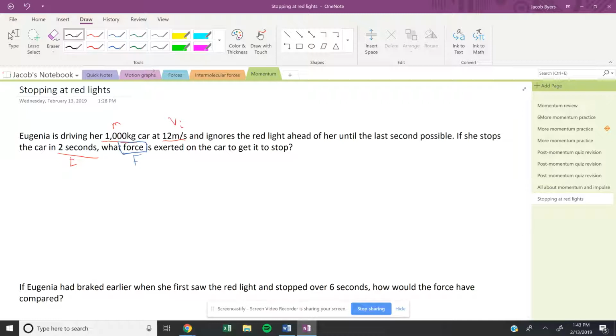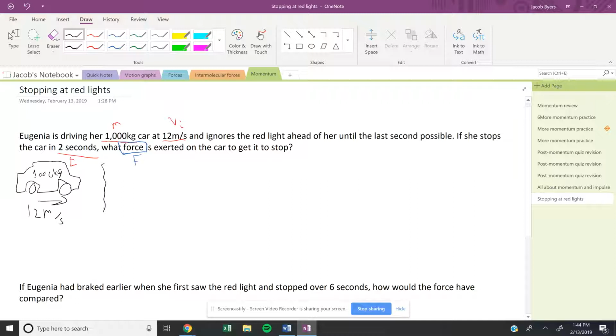My drawing skills are awful, I'm very sorry, but we're going to give it a shot here. We've got the initial system. Hopefully your car doesn't look like this, but we've got some car moving. It's 1,000 kilograms, with a velocity of 12 meters per second.